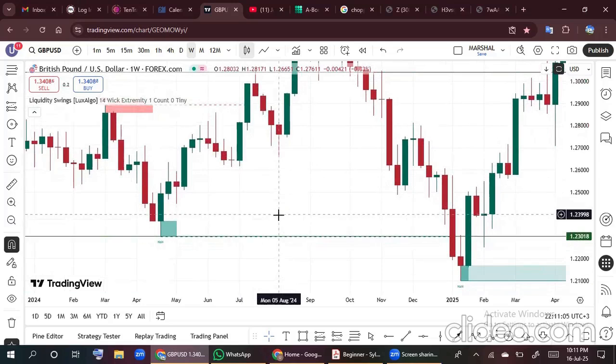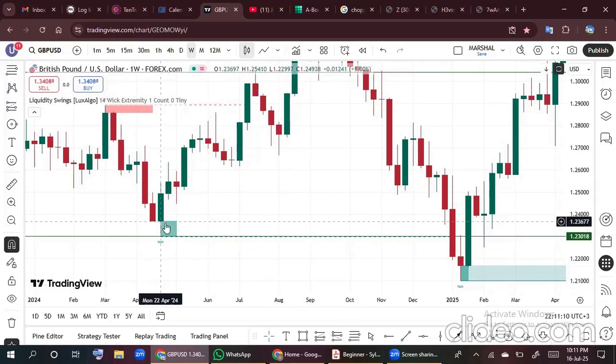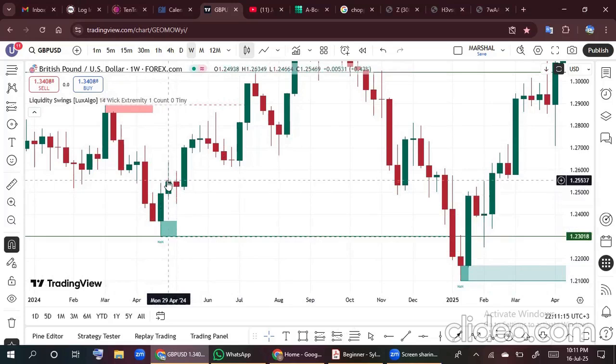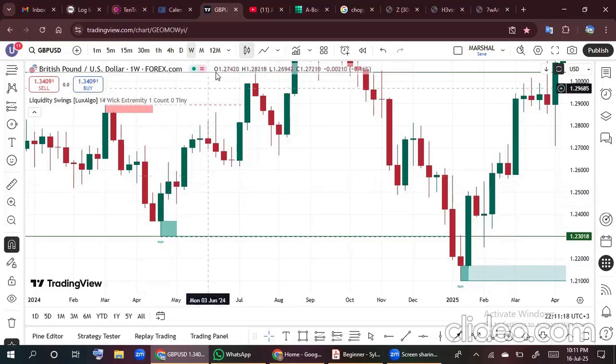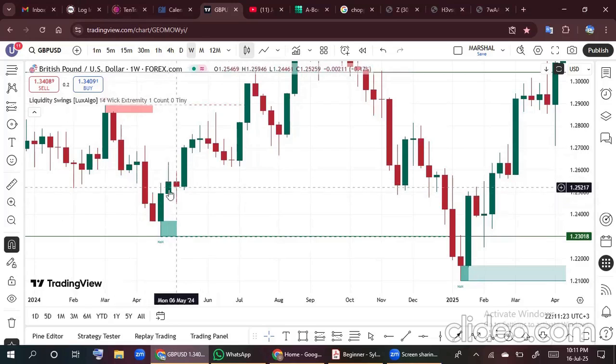I hope we understand. So if you want to buy from here and you see there is an engulfing candle, you can wait for confirmation, not on this higher time frame anyways, but from a lower time frame, before you enter for your buy.